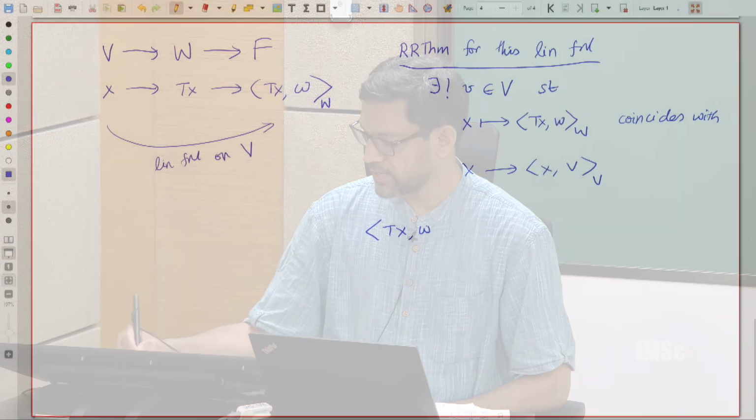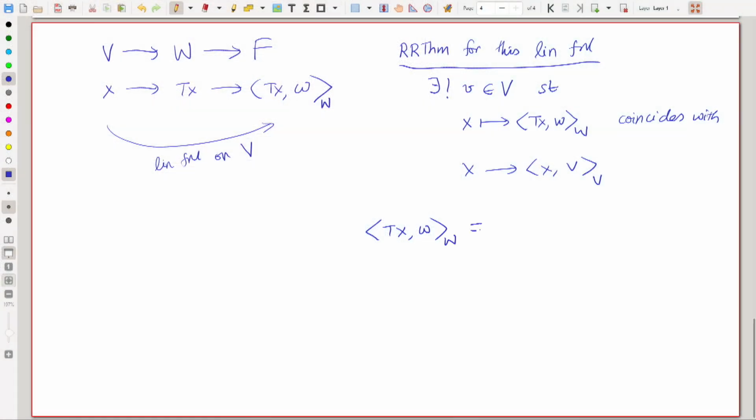In other words, for every x in V, Tx comma w, inner product in W, is the same as x comma v, inner product in V. There is a unique vector. This is true for all x in V. Now, what does this tell me?